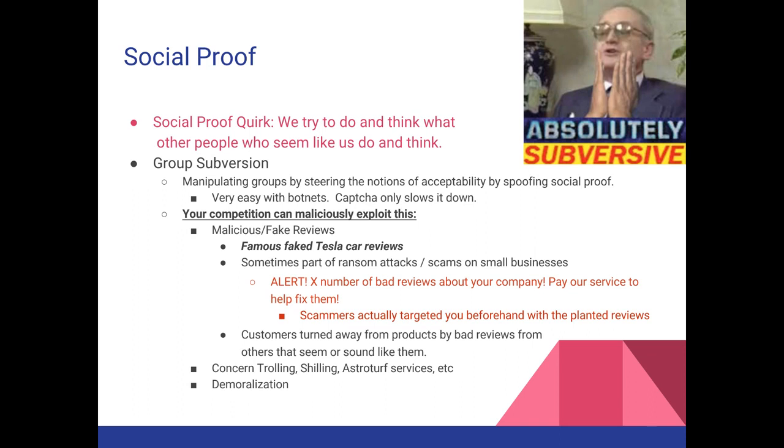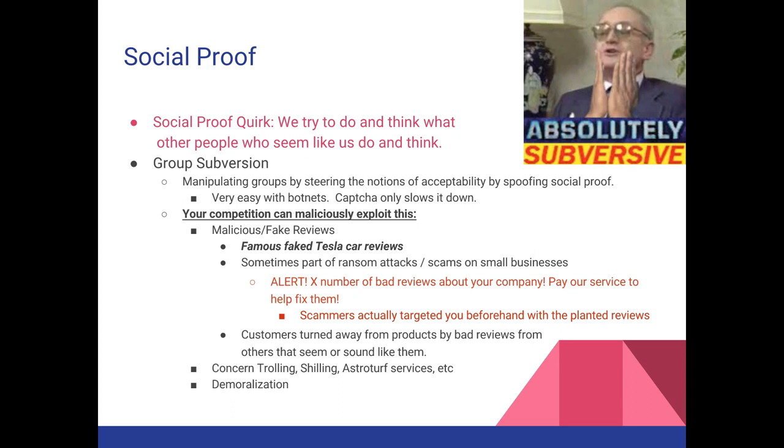So online, this is becoming a big thing that's being very easily exploited by botnets. CAPTCHA only slows it down, but bots can submit mass reviews, and for, say, subreddits and stuff like that, they can submit mass upvotes and downvotes.